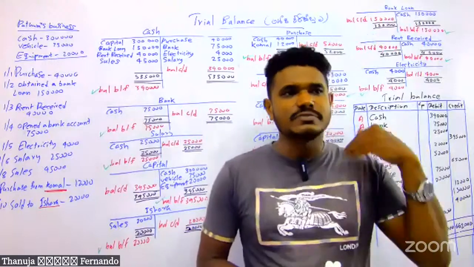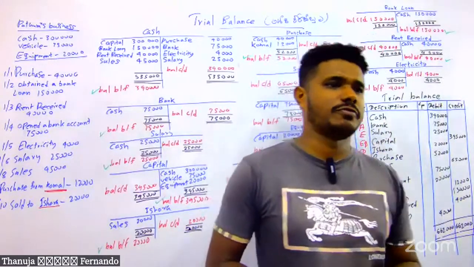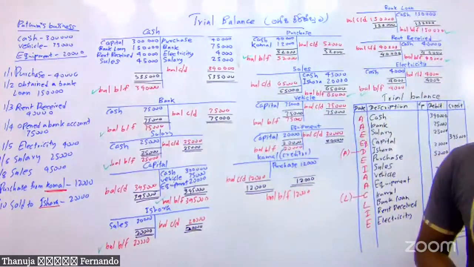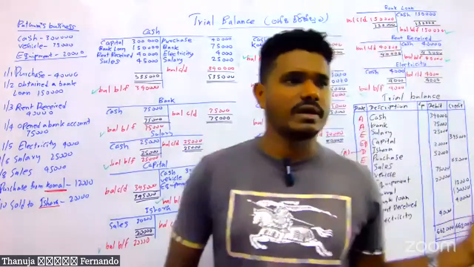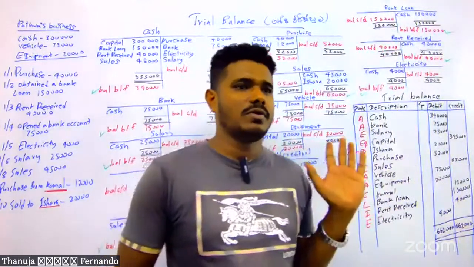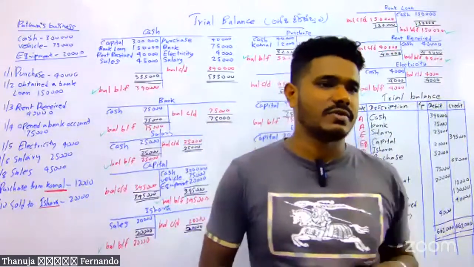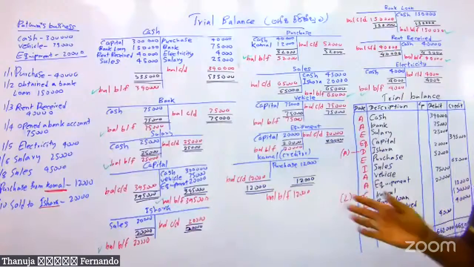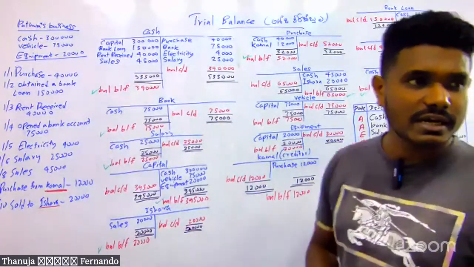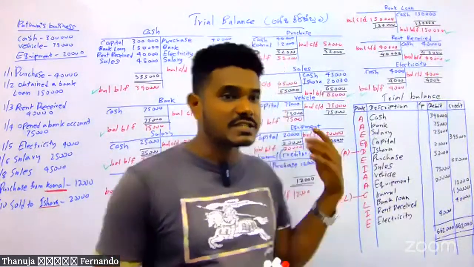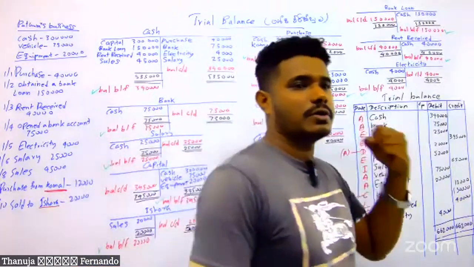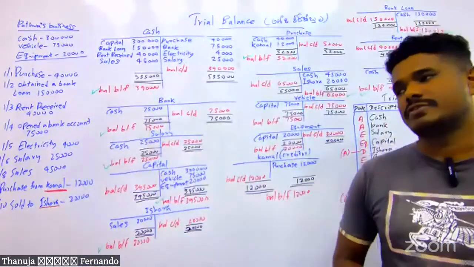The list which is prepared at the end of the period by including all the debit and credit balances of ledger accounts is called the trial balance, right? The trial balance is not an account. It's a list of balances and could be considered a summary of the ledger, right?